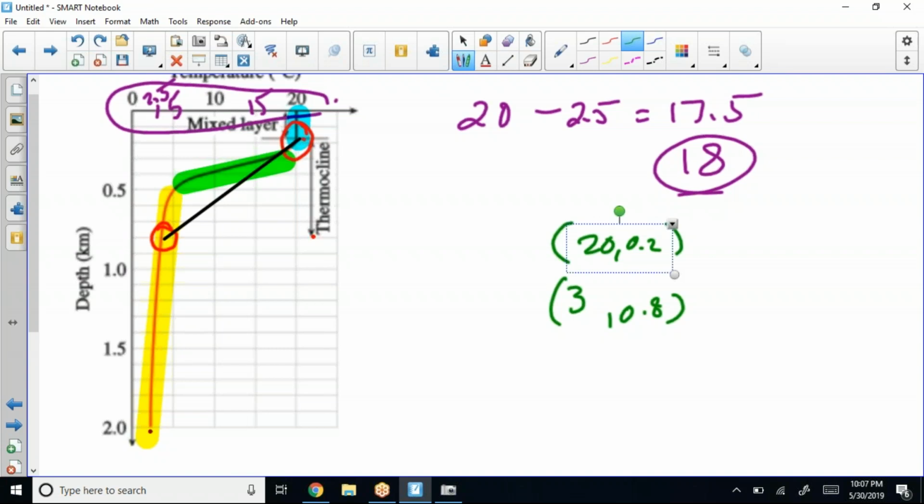What are you getting? All right, well, we'll look at it. 3.8, 20.2. Okay. Yeah, that's okay. So change in X, change in Y.